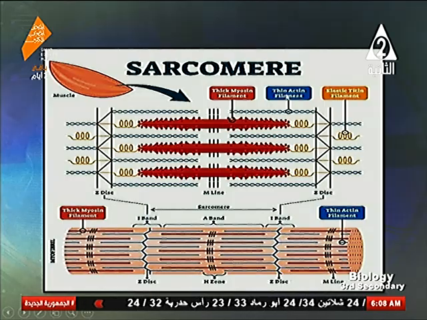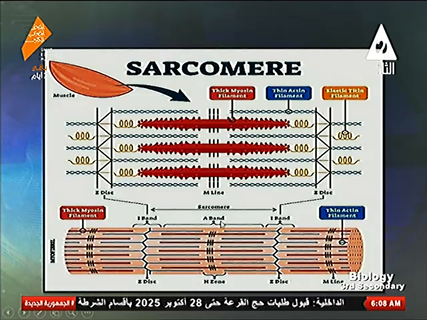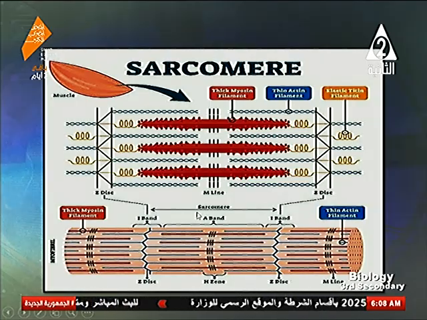And these dark discs are denoted by A. Between them, inside the A band, there is a region called the H zone, which is formed of myosin only. So we have three types of area.